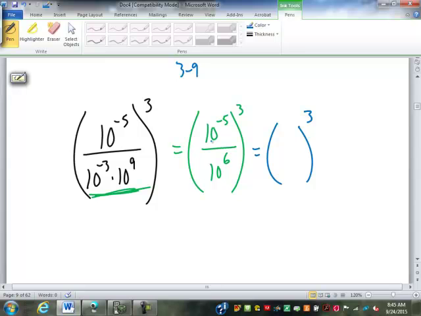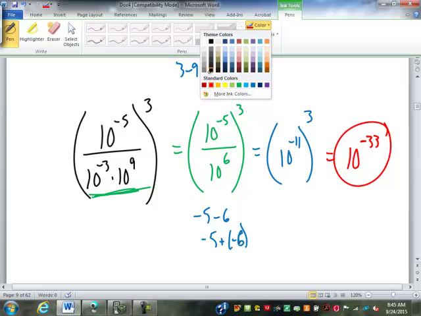We're going to divide. 10 to the negative 5th divided by 10 to the 6th is 10 to the negative 11. Negative 5 minus 6, or negative 5 plus a negative 6, is negative 11. And then 10 to the negative 11 to the 3rd. Power of a power means we're going to multiply. What's negative 11 times 3? Negative 33. So negative 33.